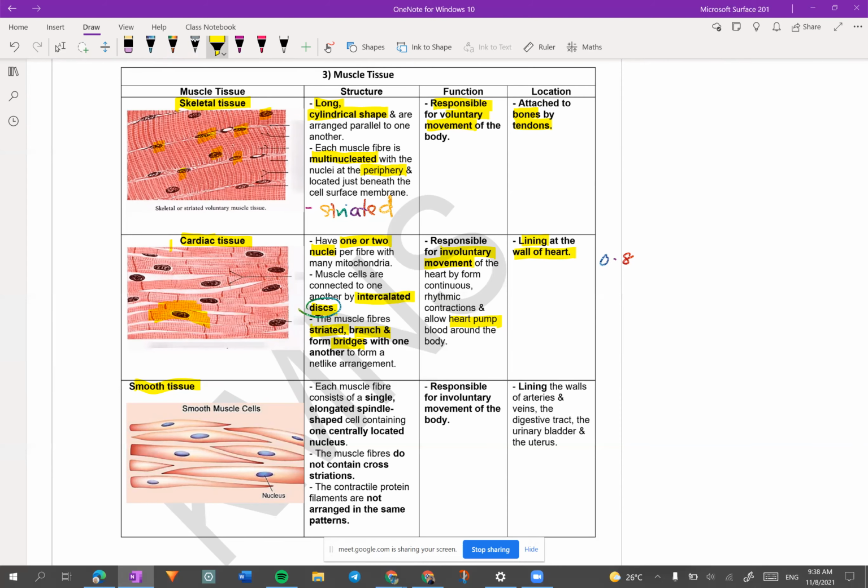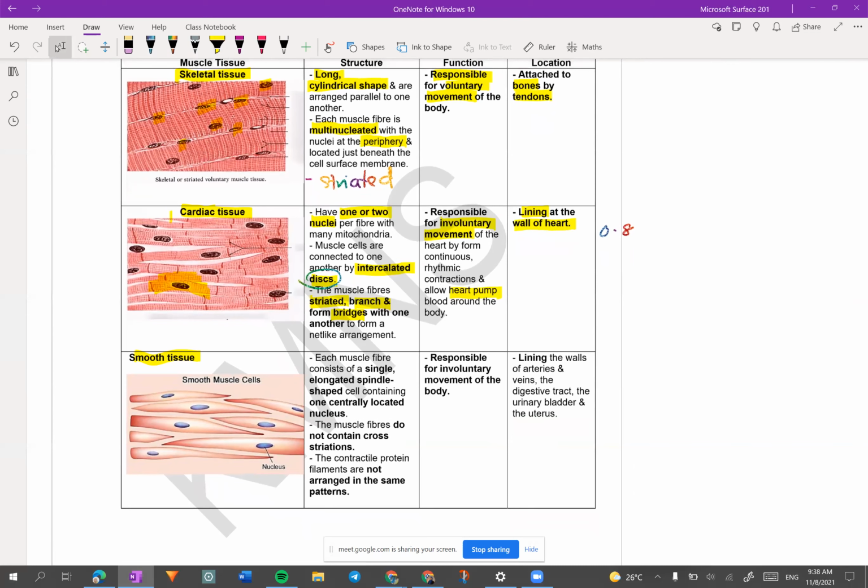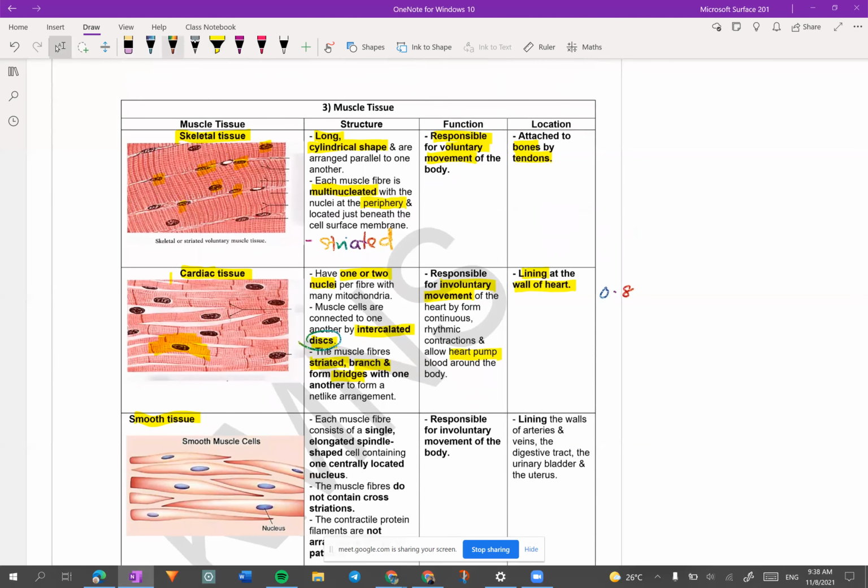Last kali untuk muscle, okay, smooth muscle tissue. Okay, yang ni kena tulis penuh. Kalau dia minta muscle tissue, awak kena tulis penuh. Skeletal muscle. Pernah berlaku dekat dalam kita punya marking scheme, budak tak letak muscle, dia letak skeletal je. Tak dapat markah. Alright? So make sure you tulis sepenuh lah.